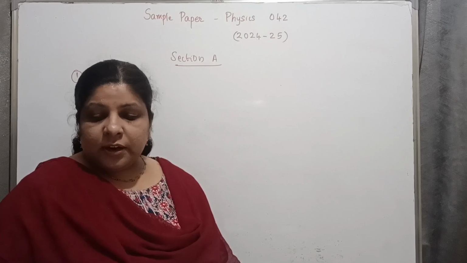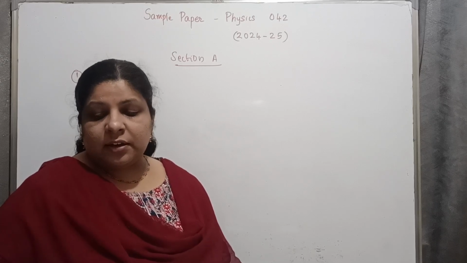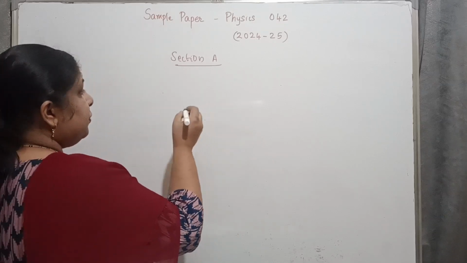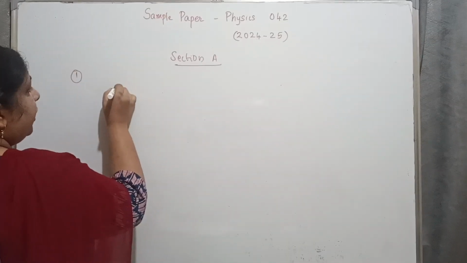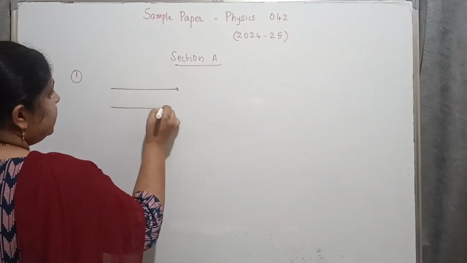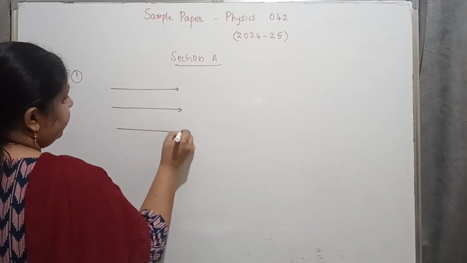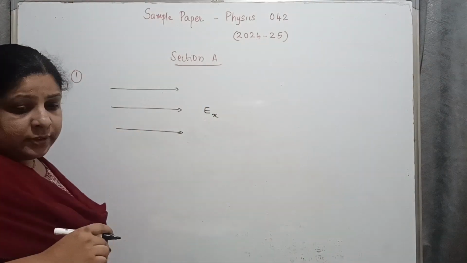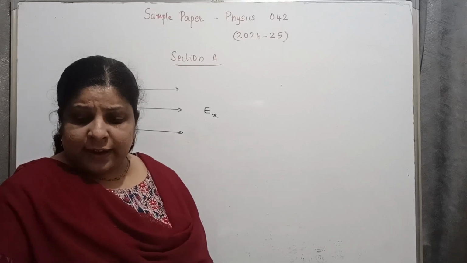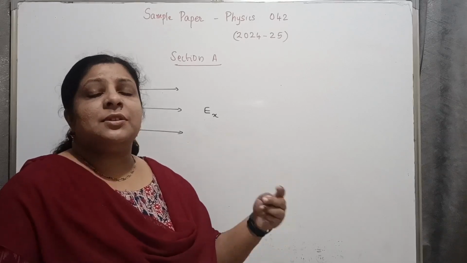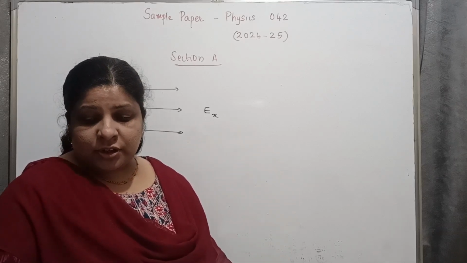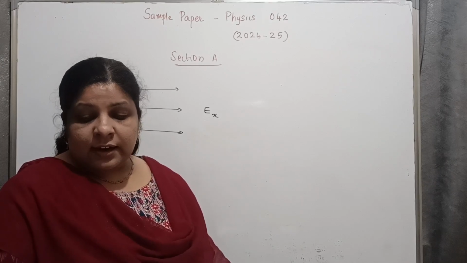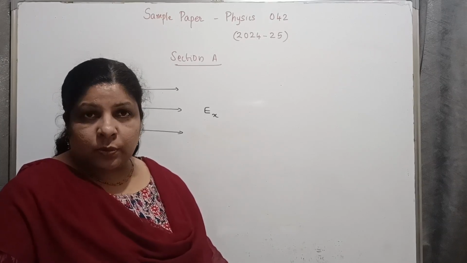A uniform electric field pointing in positive x direction. So this is the electric field in the x-axis direction. Let A be the origin. B is the point on the x-axis at x equal to plus 1.